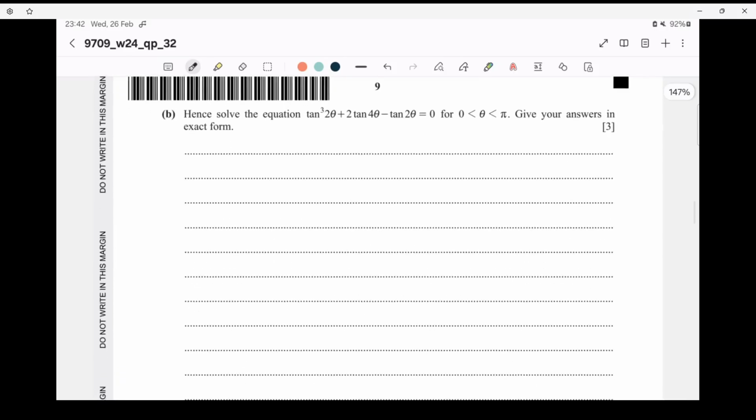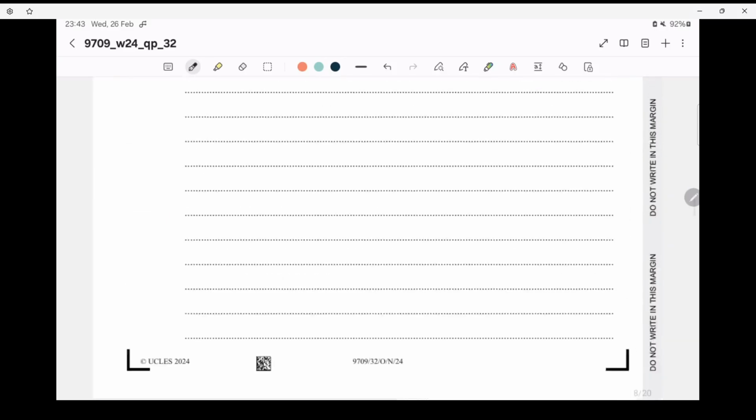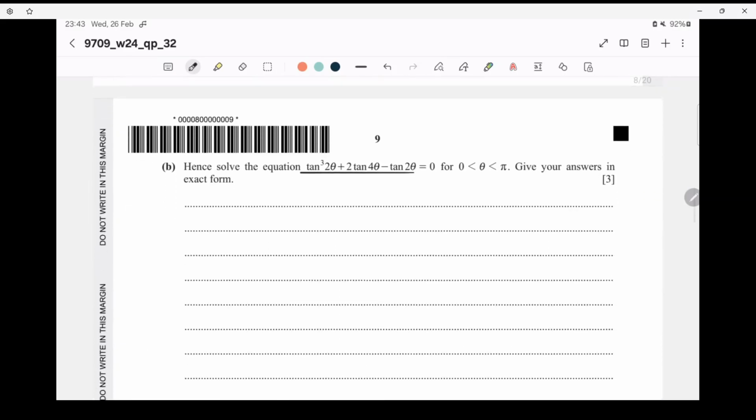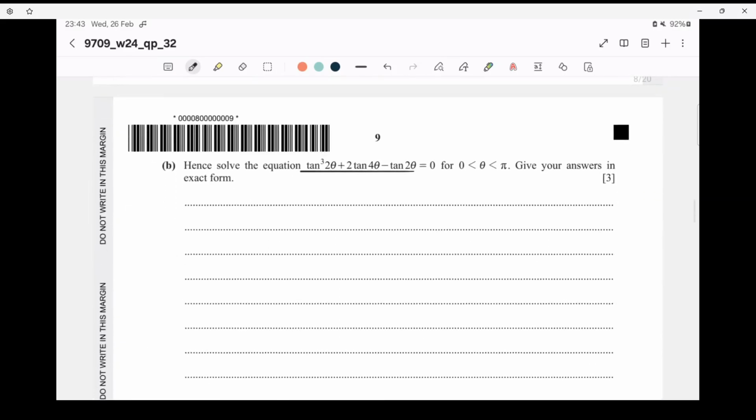Part B. Solve the equation. So this part of the equation, the left side, is basically this, with your x changed to 2 theta, so you can directly use the identity that you proved earlier.